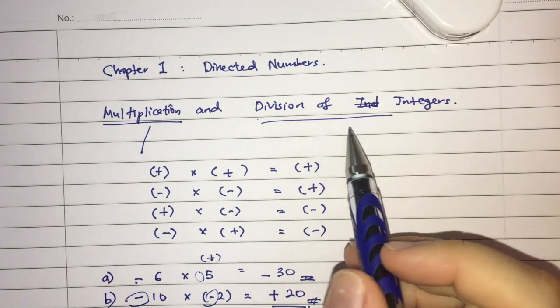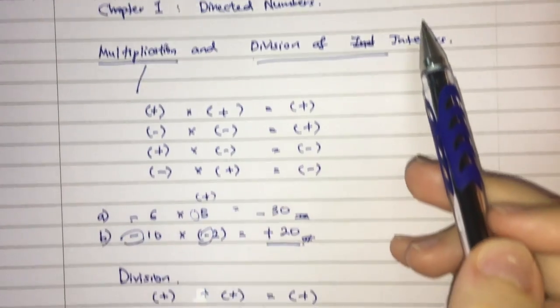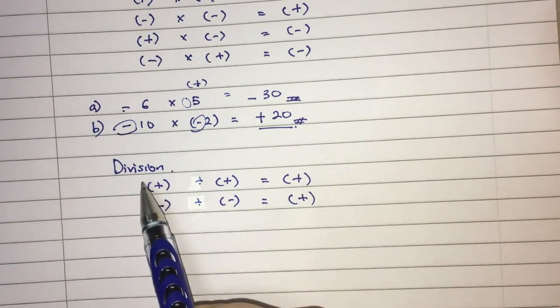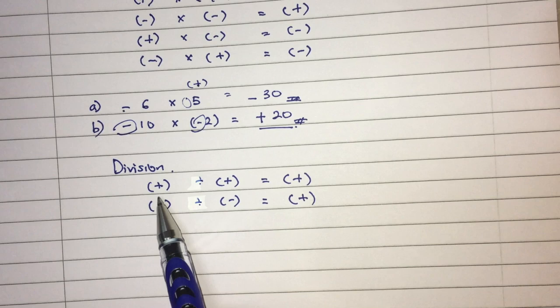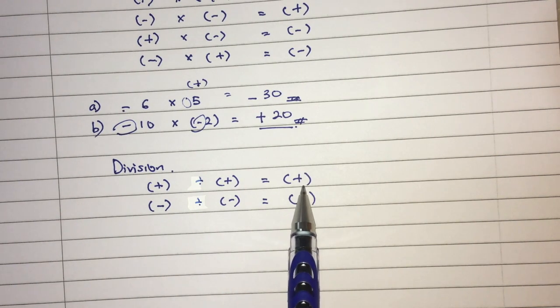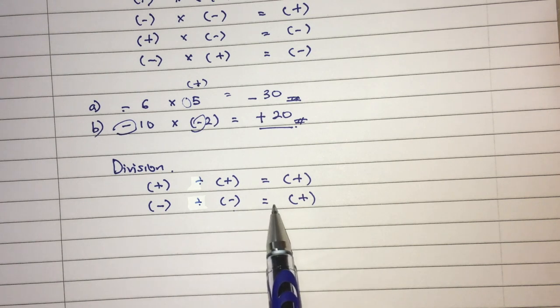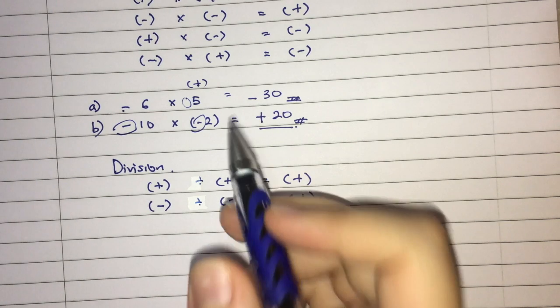So just now, we also talked about the division of integers. So let's see. For division, if we got a positive divided by a positive sign, we'll get a positive sign. Then if we have a negative sign divided by a negative, we will also get a positive.